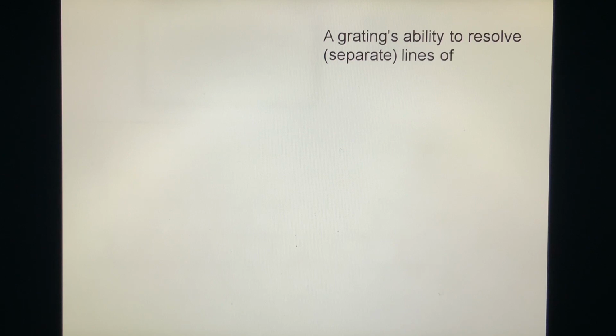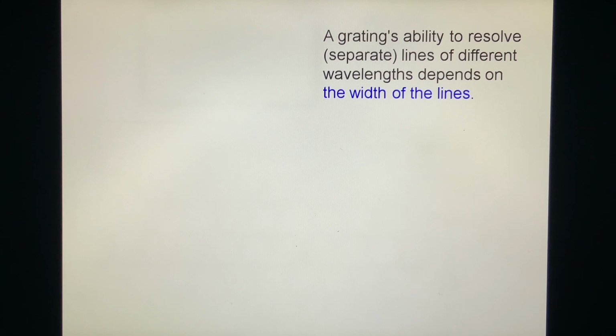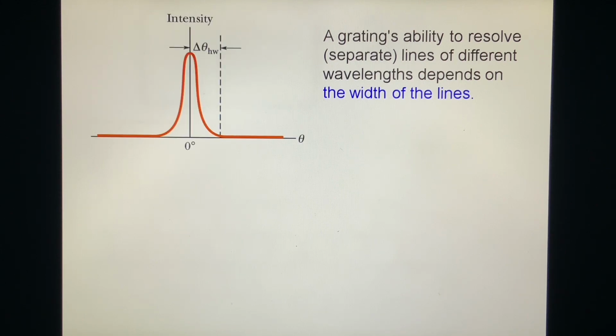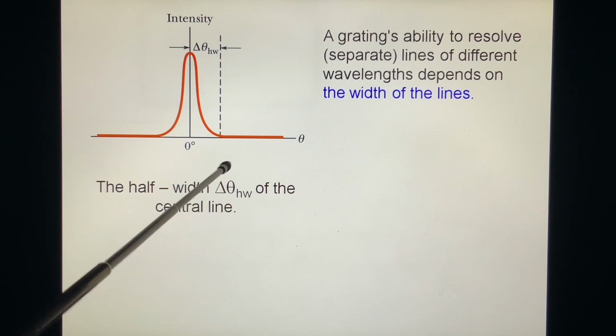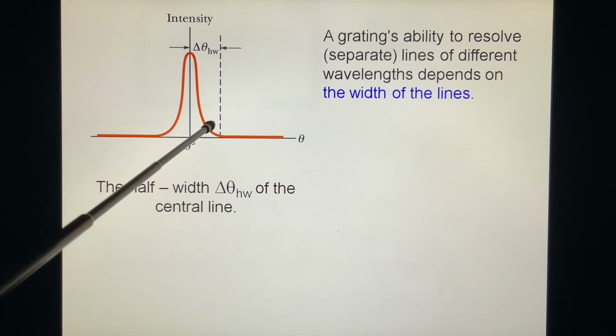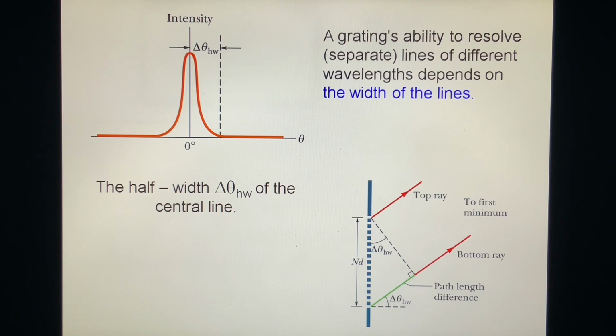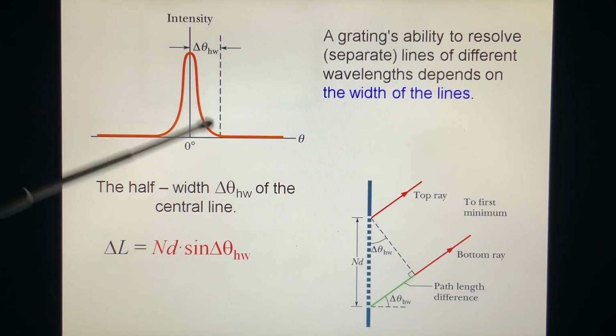A grating's ability to resolve separate lines of different wavelengths depends on the width of the lines. Here we have the half width angle. The half width angle, delta theta half width, of the central line is shown here. Now we analyze this like the double slit. The position here is d sine theta, and this is the first minimum.